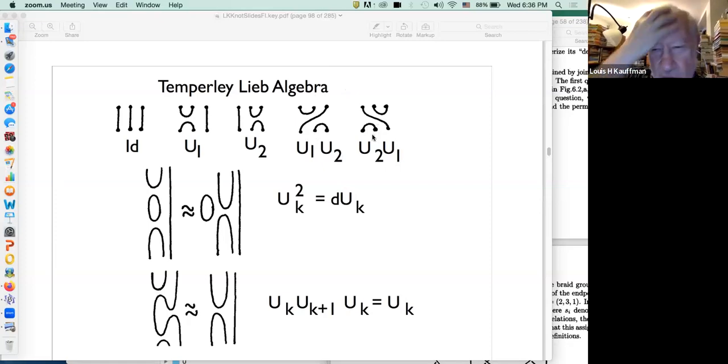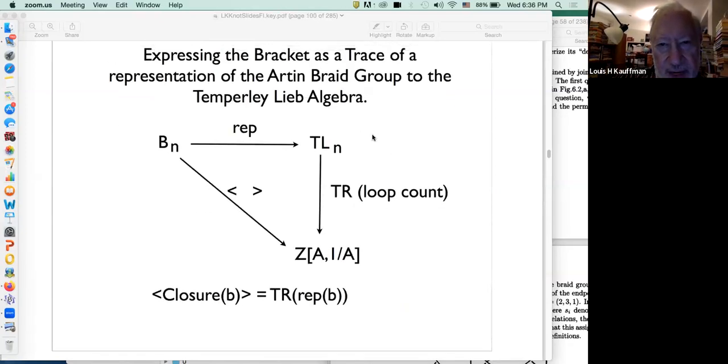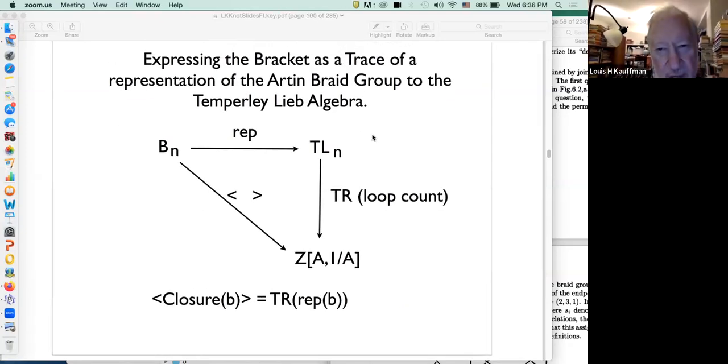Now, the amazing story is that this picture is very much the picture of how Jones defined the polynomial that he made. However, he did not have a picture of the Temperley-Lieb algebra. He had it in terms of generators and relations, very similar to the relations I was just showing you a few minutes ago.